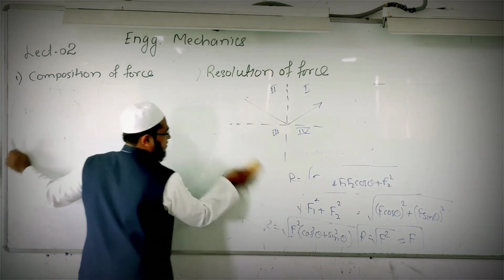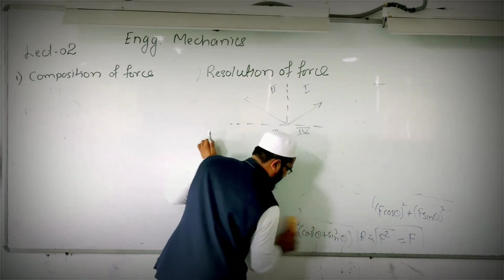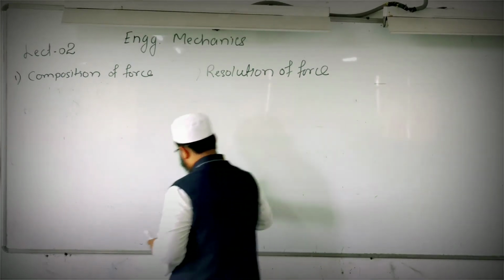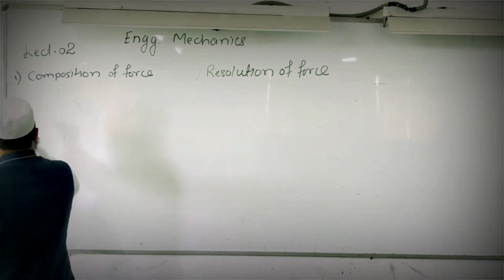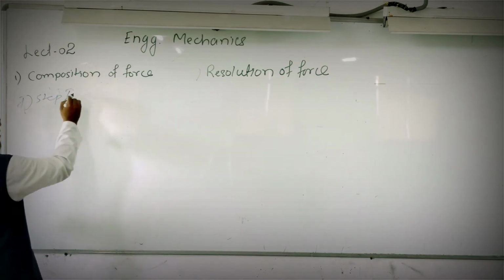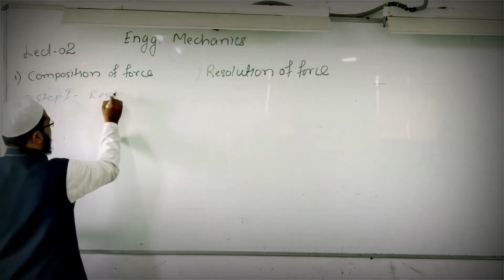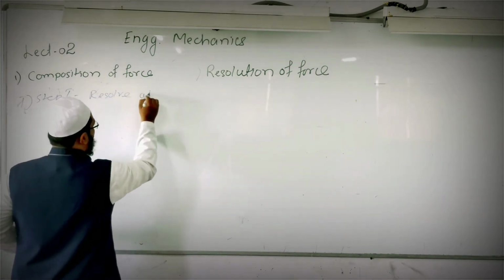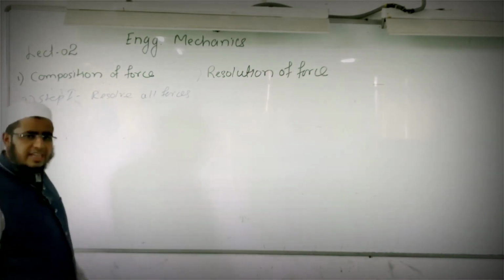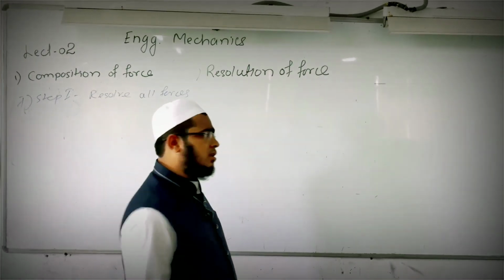Now, what is the general method to determine the resultant of a force system? Very easy. We will see step by step. Step 1: resolve all the inclined forces. Resolve means you have to split the given force into its components.